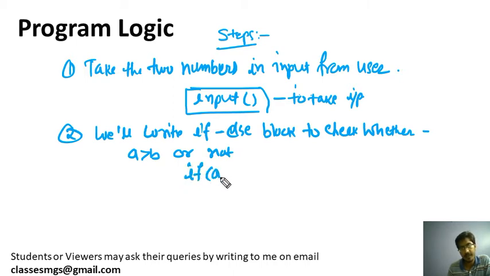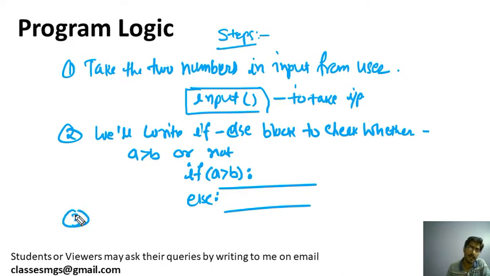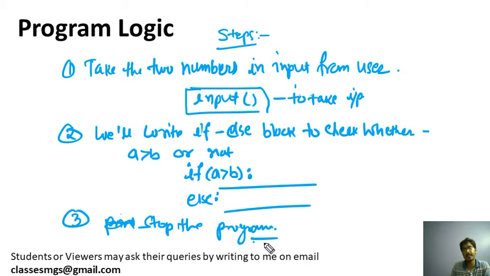If A is greater than B, then we will do something, else we will do something else. And at the end we will stop the program, stop the execution. That's all. This is a very simple set of steps to write the Python code for checking whether a number is greater than or smaller than another number.